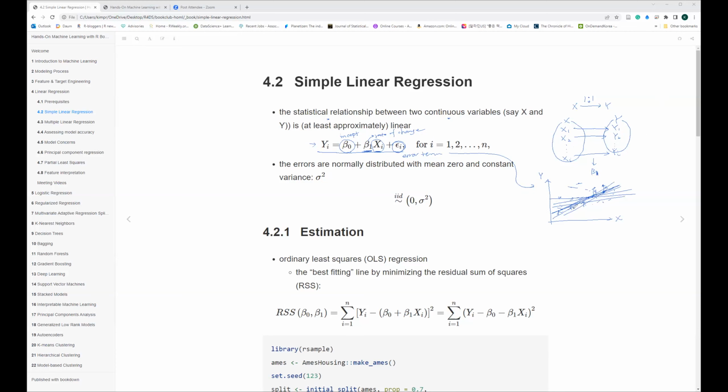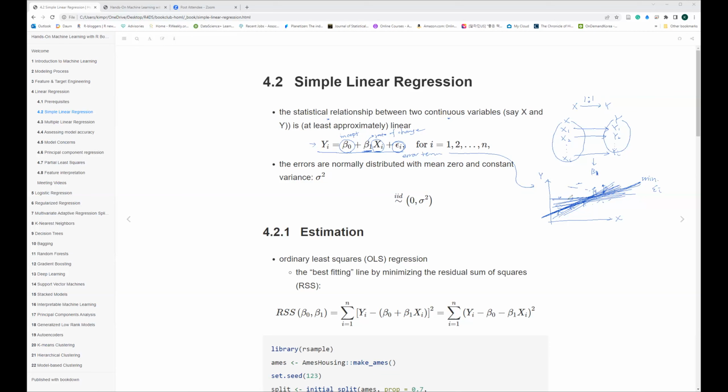But among these lines, what we have to find is the only line that minimizes the error term, like a residual error. That line will be the only one among all the potential lines that represents the relationship between x and y.